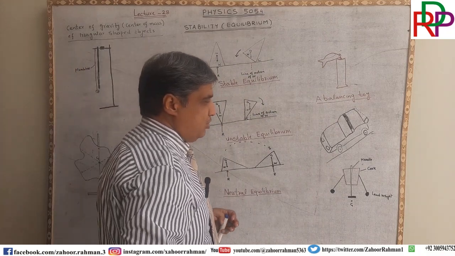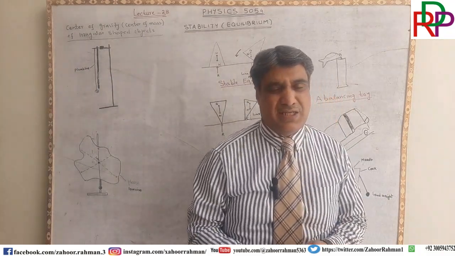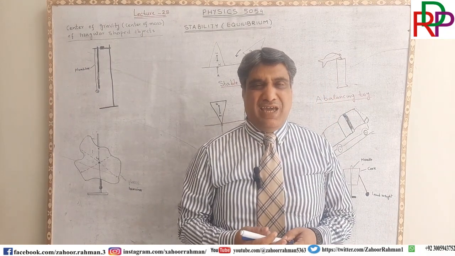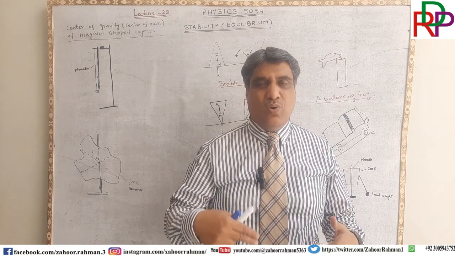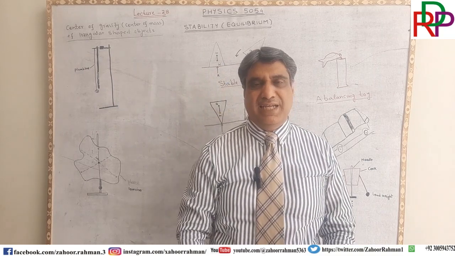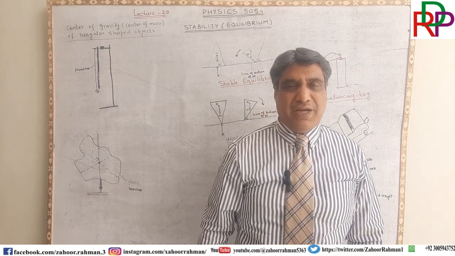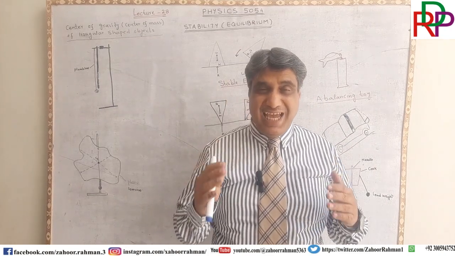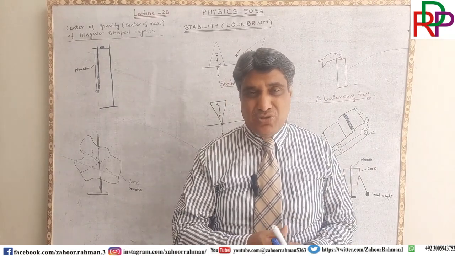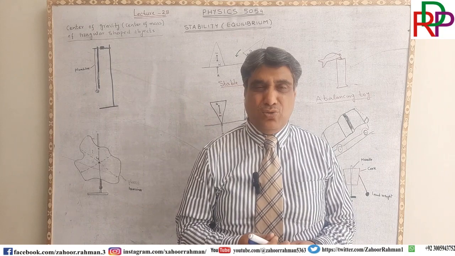One more example I want to give you, which is not in this book. Have you ever seen a person crossing from one building to another while walking on a rope? That person is also using this stability rule.